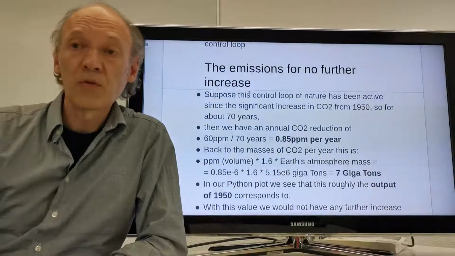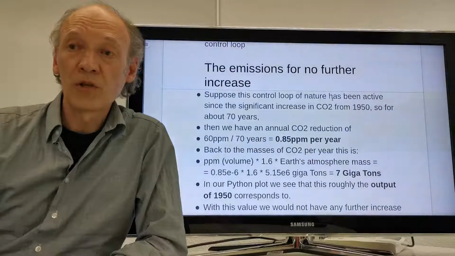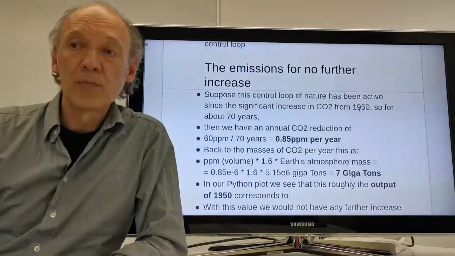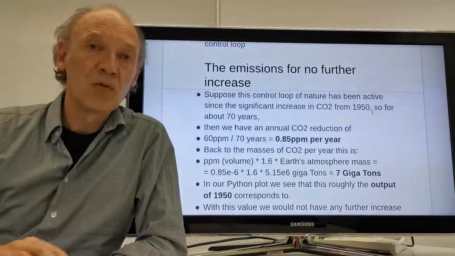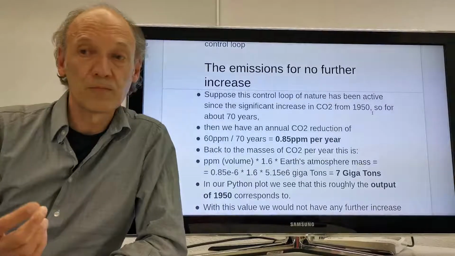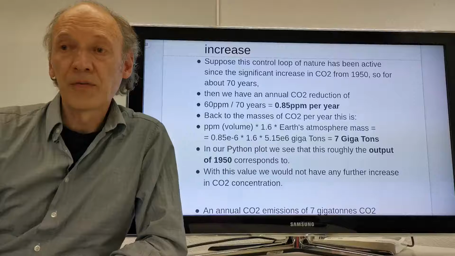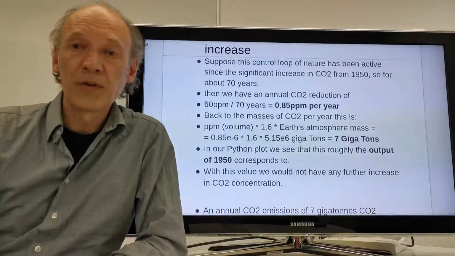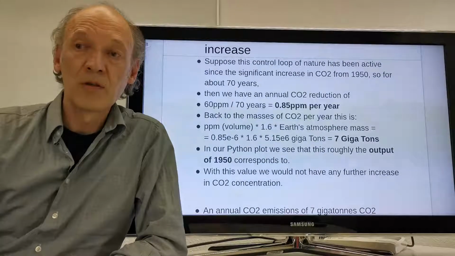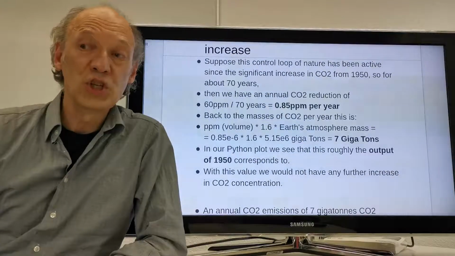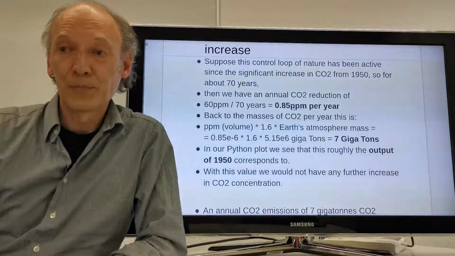So suppose that this control loop of nature has been active since the significant increase of CO2 from 1950. So for about 70 years, right? Then we have an annual CO2 reduction of 60 ppm divided by 70 years, which is 0.85 ppm per year, right?